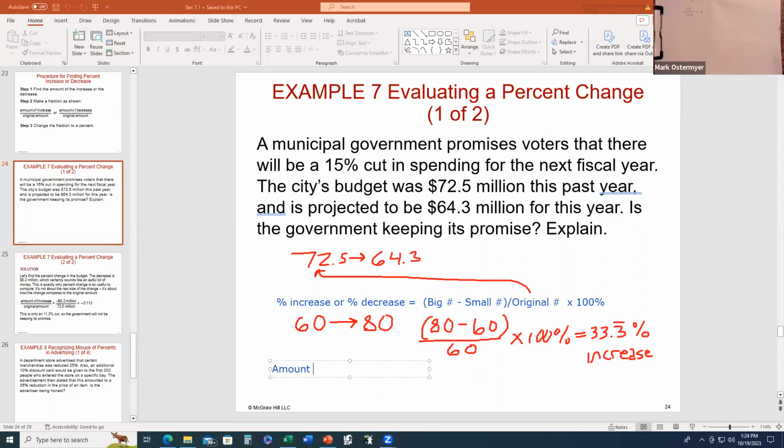The amount of increase is equal to 80 minus 60, which is 20. The amount of increase is 20. The percent of increase is 33.3%. Back over here for this problem. What's the amount of decrease?